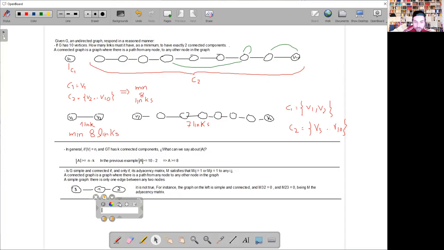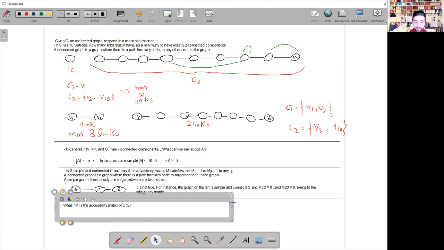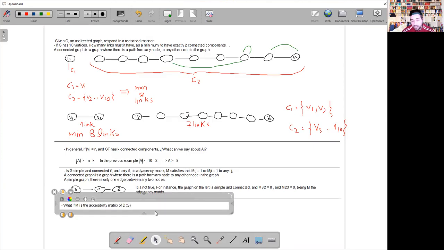And the final question for this problem is, what if M is the accessibility matrix of the directed version of this graph, and we have all ones on that matrix?